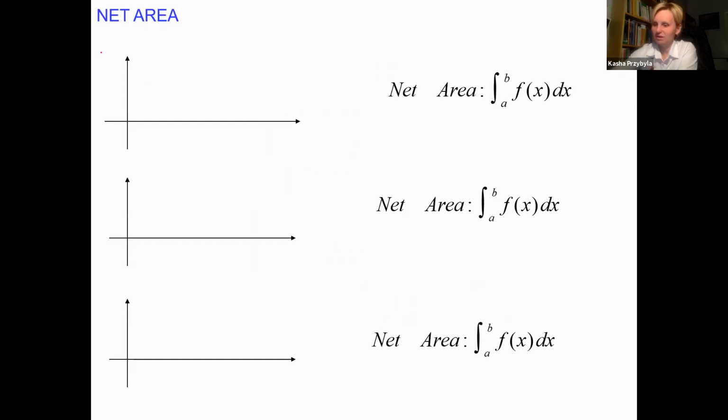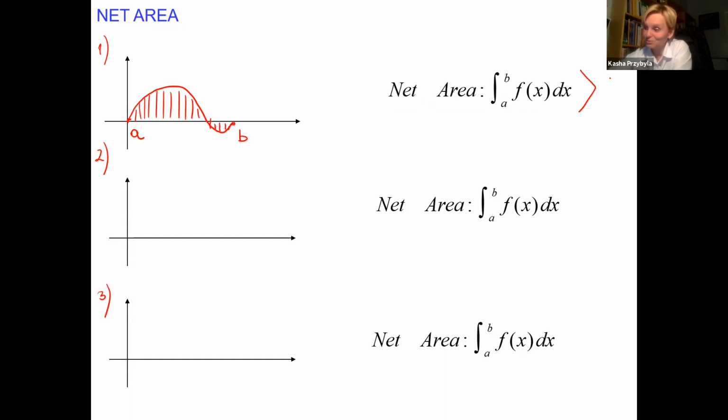Okay, I can draw something, and the only thing I want you to tell me is whether the net area is positive or negative. Net area means the area bounded by the curve. Let's say my function is defined like that, from A to B, and the definite integral represents this part.